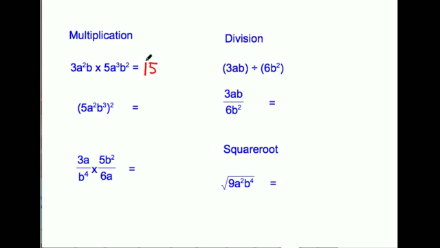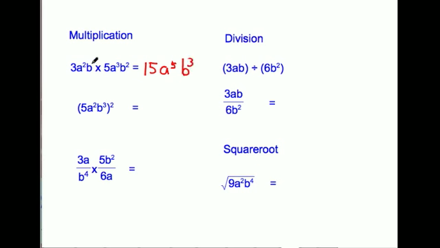We add the powers. a to the power of 3 plus 2 equals 5. Again, the same base, b times b squared, adding the powers gives us b cubed.